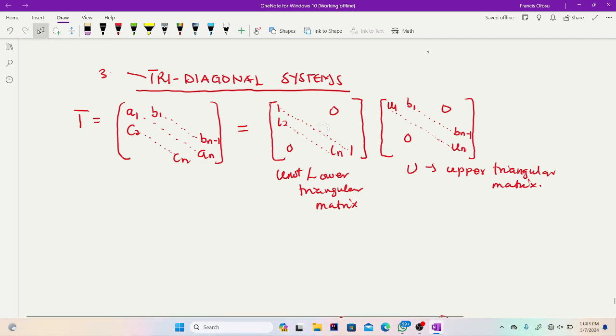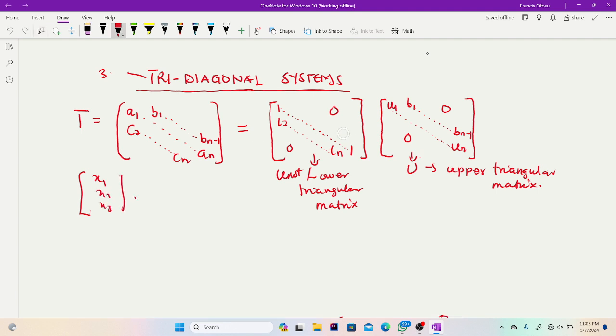If you want to use this to solve a system of equations, as we've been doing in our previous videos, as this one represents L, this represents U, to find the values of the unknowns, let's say x1, x2, x3, the LU algorithm says that you always find L times any unknown, let's say y, is equal to b, and then U times x, which are the unknowns, is equal to this y.